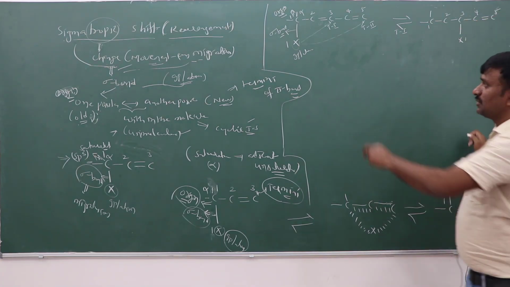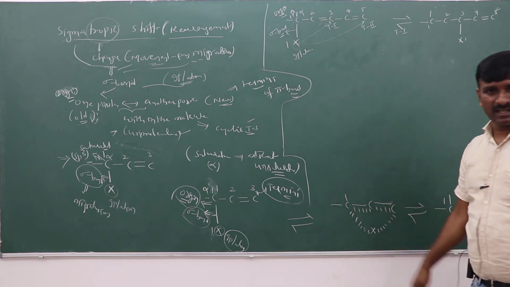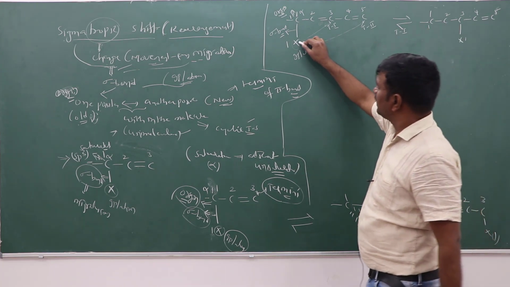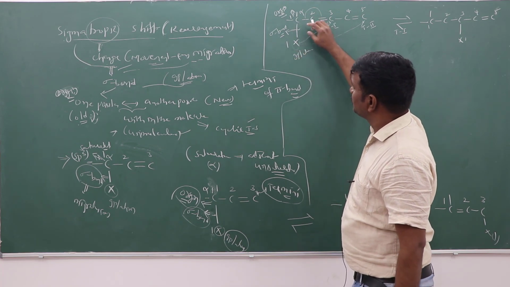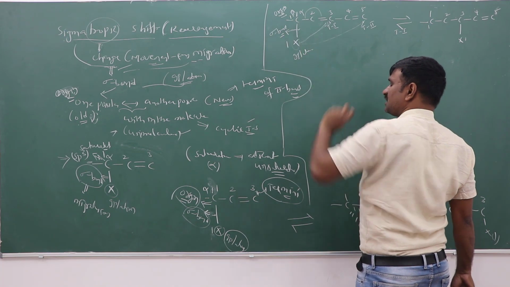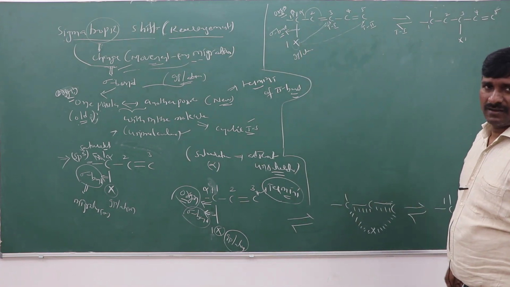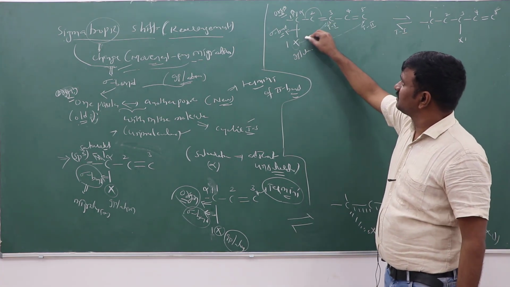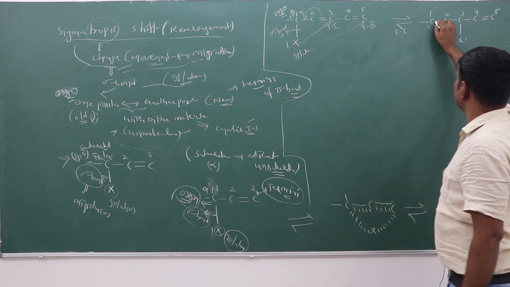So from the old position to the new position, the new position is termini 1, that is the third number. Since my sigma bond is migrating, cleavage or breakage of the sigma bond takes place. It shifts from this position to this position. So here it is a double bond.